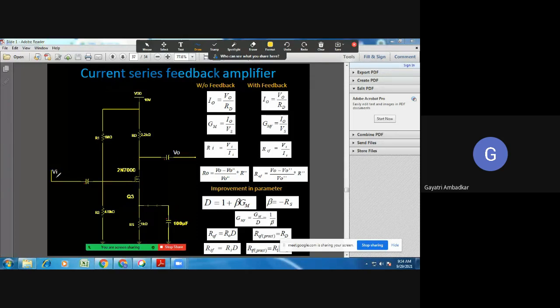Input voltage is Vi and output voltage is Vo. For output, we will say output current is IO. Input current is II.